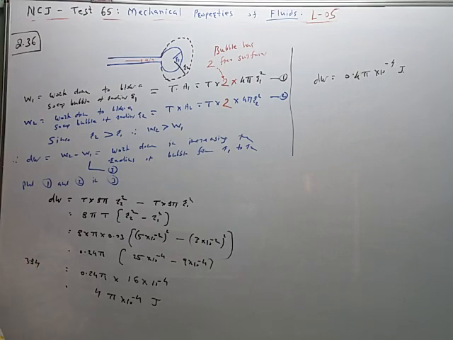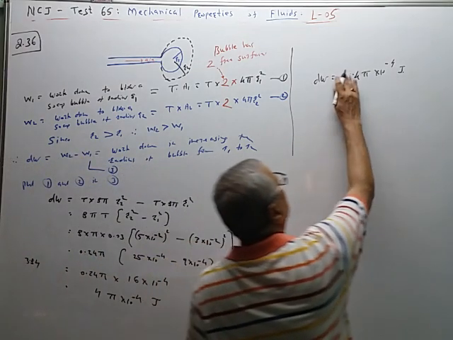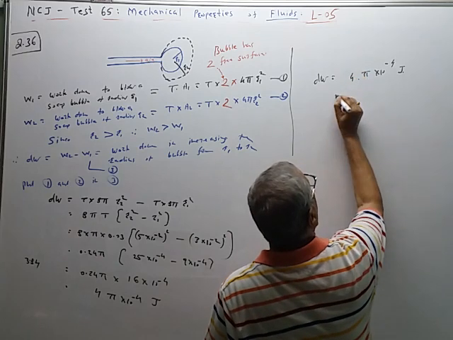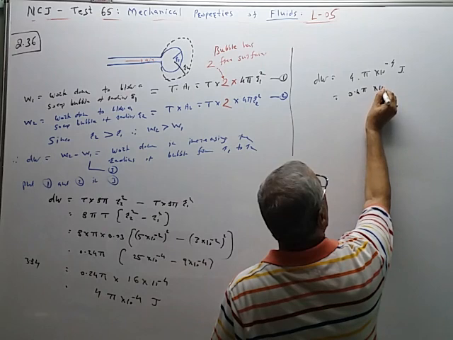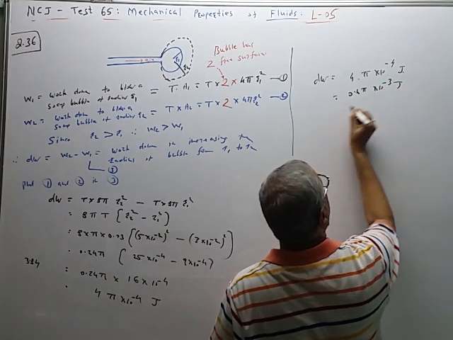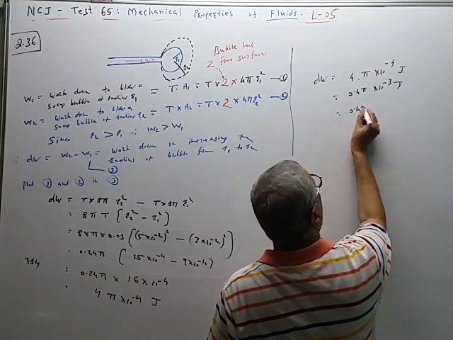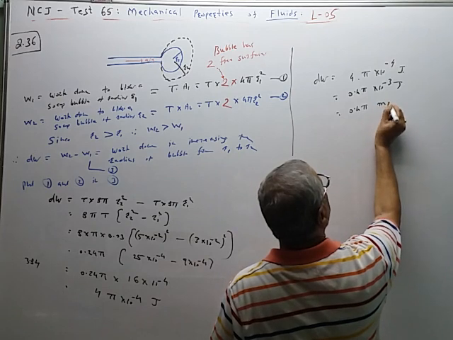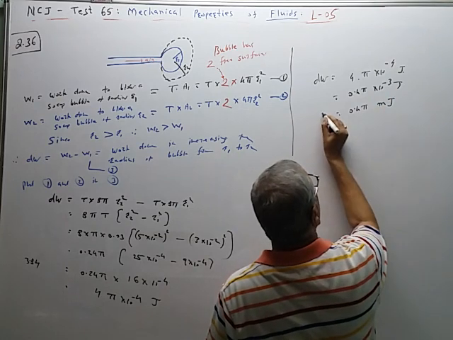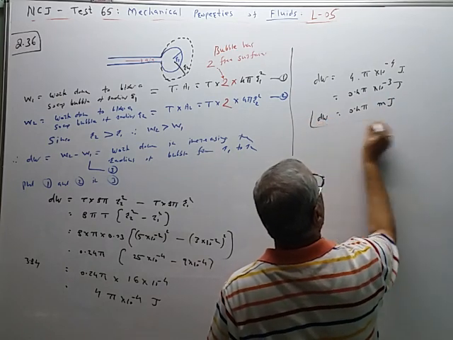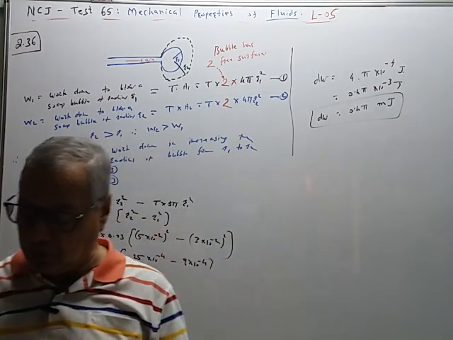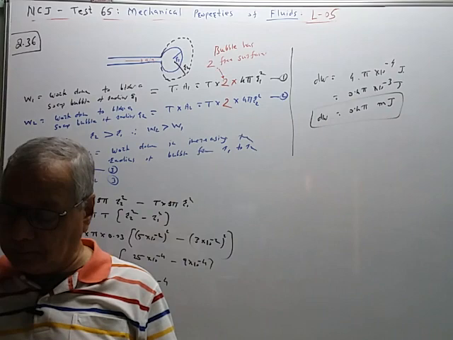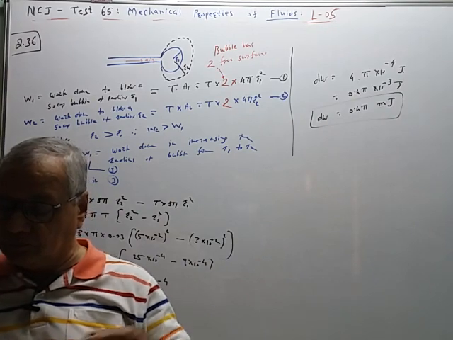This is 4 pi. So make the correction. So this is equal to 0.4 pi into 10 raised to minus 3 joule. So this is equal to 0.4 pi millijoule. 10 raised to minus 3 cut down. So answer is equal to 0.4 pi. So correct answer is C choice.